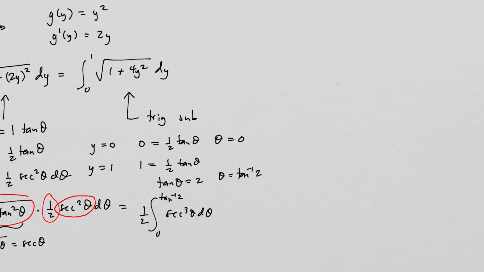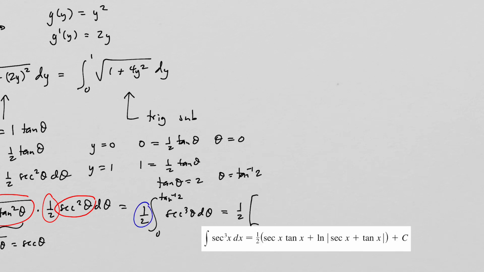Now if you remember, we did this in a previous video lesson, so I'm just going to pull from that result. The integral of secant cubed is 1/2 secant x tangent x, in this case it's going to be secant theta tangent theta, plus 1/2 natural log of the absolute value of secant theta plus tangent of theta.